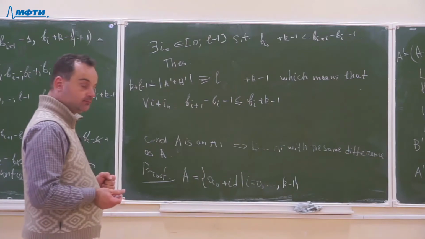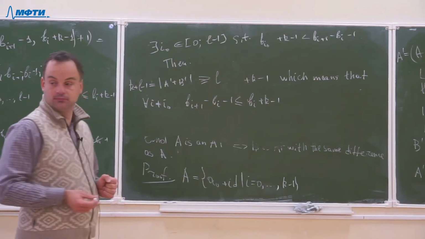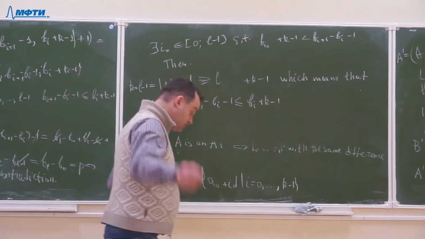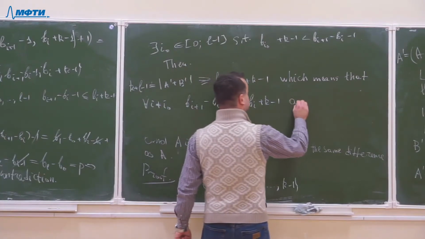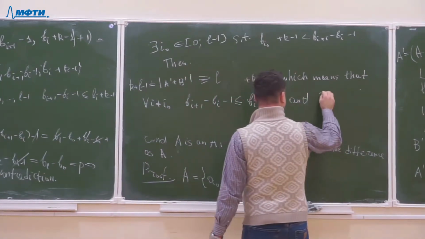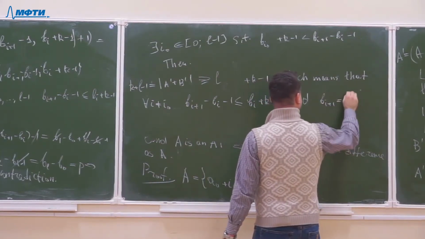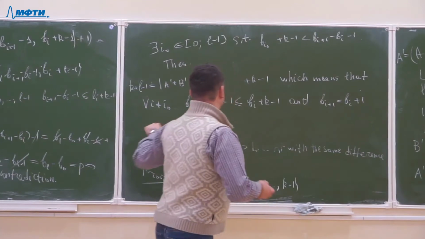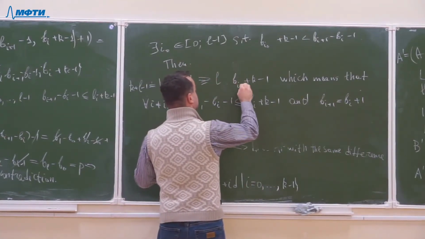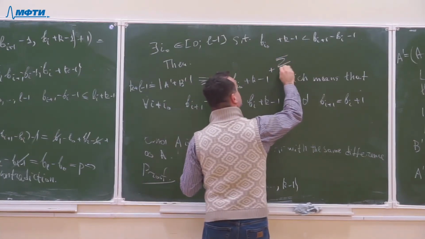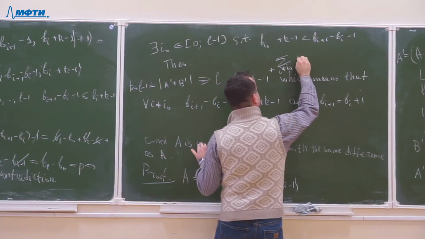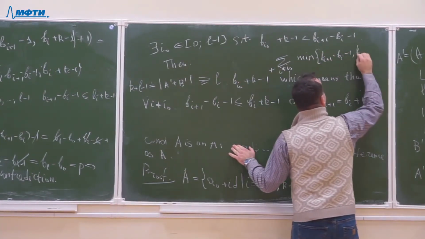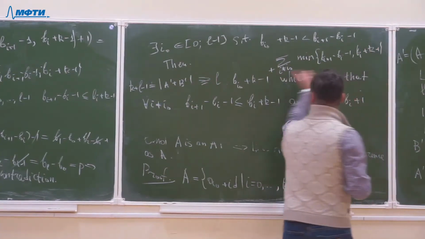Moreover, this is also a sum over I not equal to I0 of these minimums, and all this sum also must be 0.